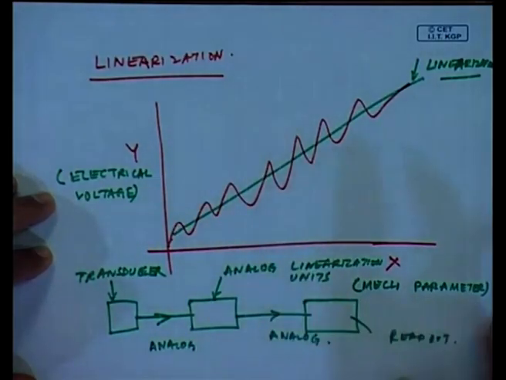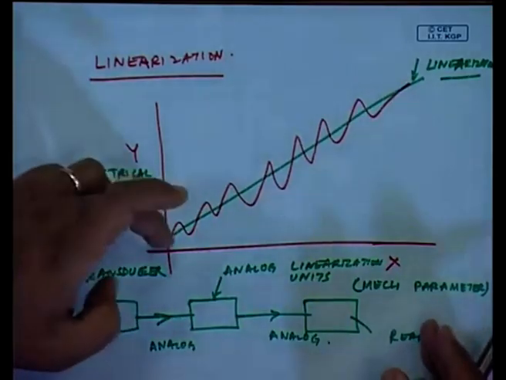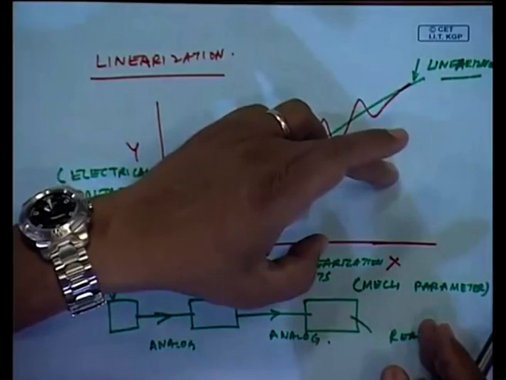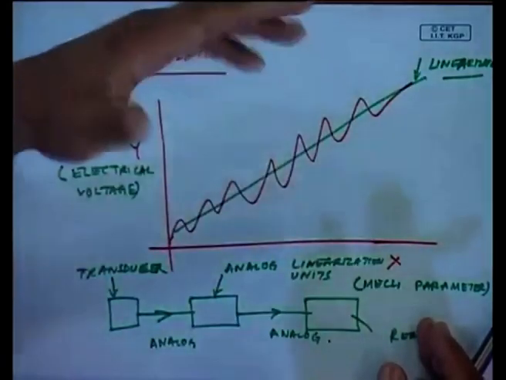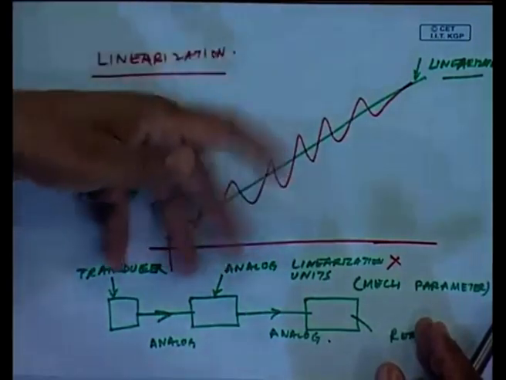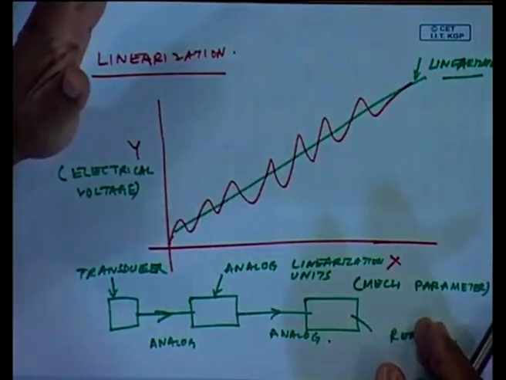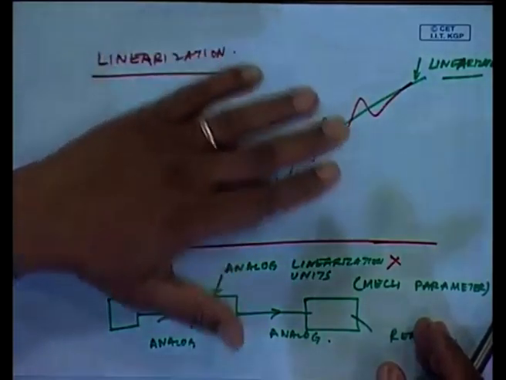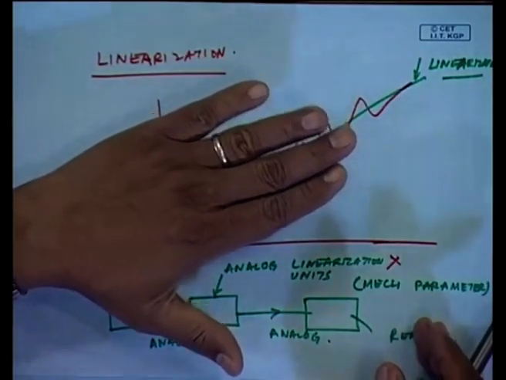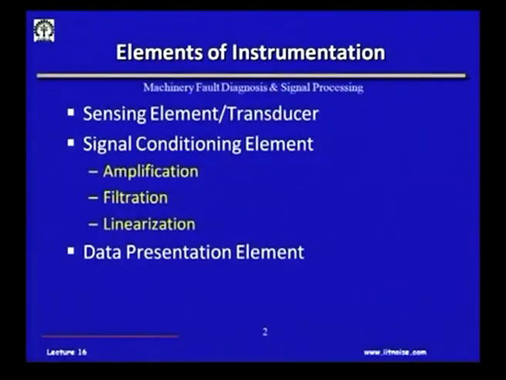But again, I will just tell you, because we had courses on digital signal processing. Had I given you this raw signal on a computer, you could have very easily linearized it, which you all are doing while you plot an Excel graph or do a regression analysis. Okay. So, you can imagine the power of digital signal processing. Think of the days when digital signal processing was not available, when computers were not available.